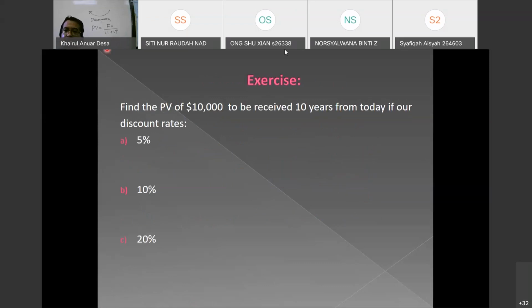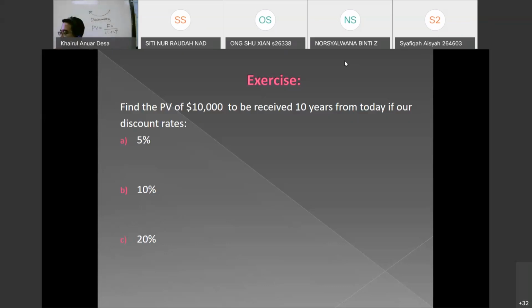Alright, kita cuba buat di sini. Yes, both is correct. Okay, acceptable answer. Okay, cuba carikan 10,000 discounting 10 years from today, if our discount rate 5%, 10 and 20%.